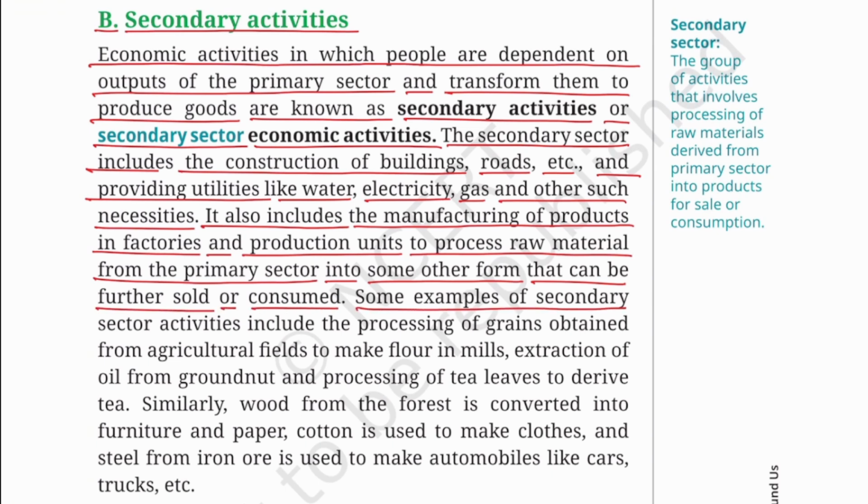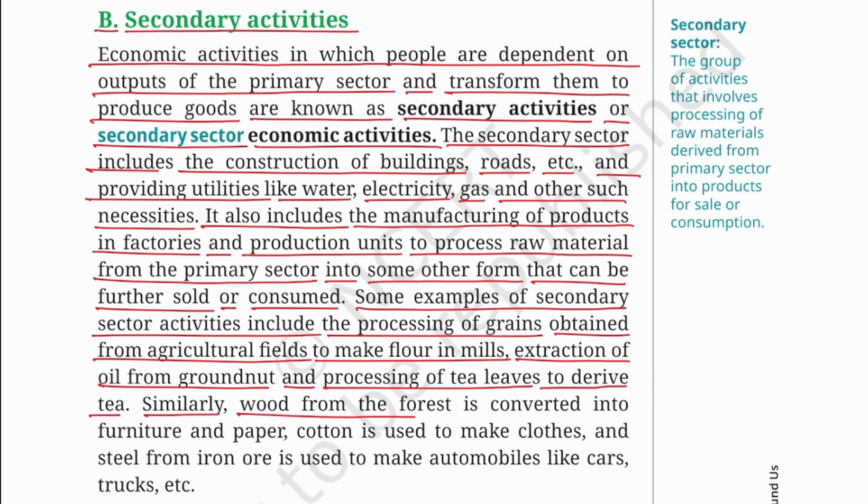Some examples of secondary sector activities include the processing of grains obtained from agricultural fields to make flour in mills, extraction of oil from groundnut, and processing of tea leaves to derive tea.